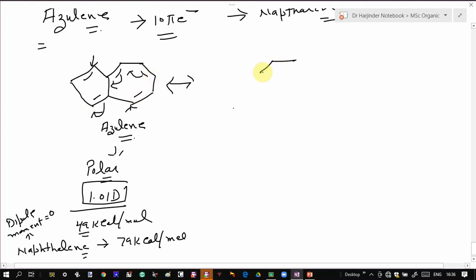So that will result in the formation of a charged resonance structure. There will be a negative charge over here because of this double bond, and this double bond remains as such. This double bond will come over here, this has shifted over here, this remains at its original position, and a positive charge over here. So you can see on one ring there's a negative charge, on another ring there's a positive charge.